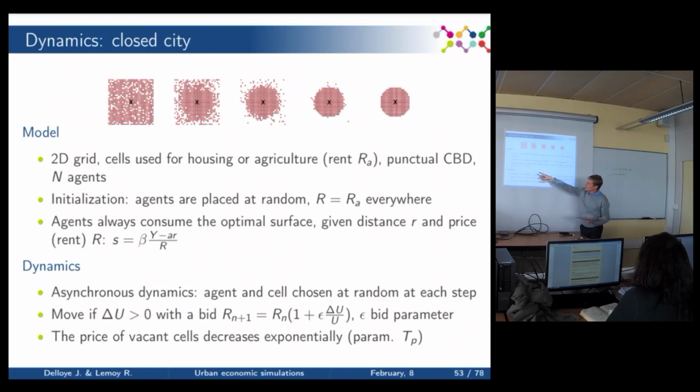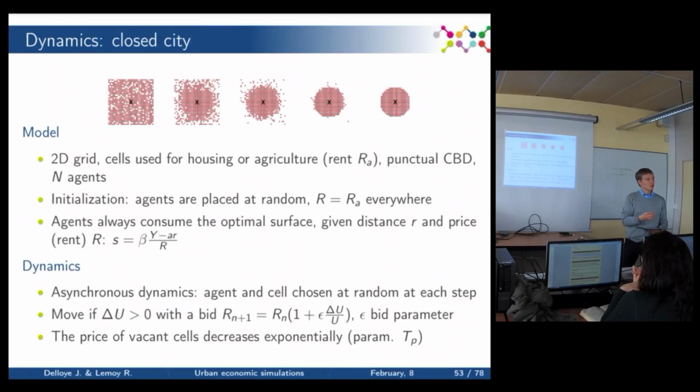It's beta. Beta was the preference for housing surface in the utility function, times income minus transport cost, divided by the price. So each agent knows his or her utility and can choose the optimal housing surface because of this.